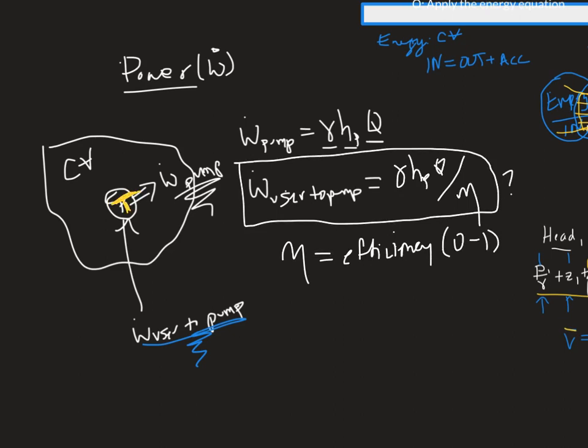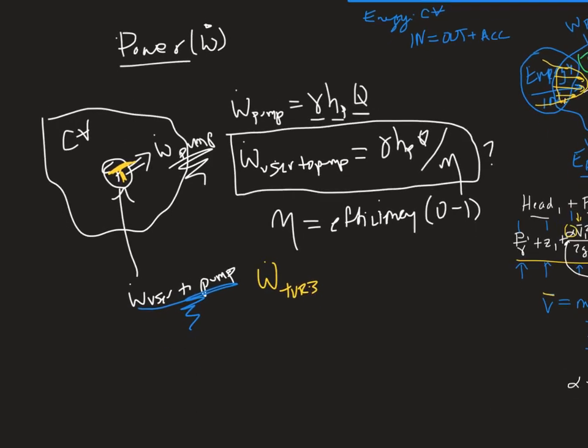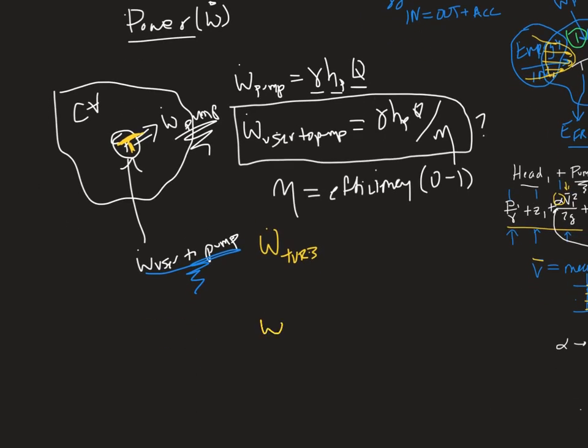Now instead, we've got almost the exact same problem, right? But now I've got the work of a turbine, okay? And I've got the work user from turbine, okay?